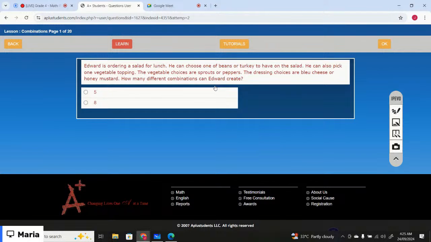That is 8. The correct option is 8 combinations.